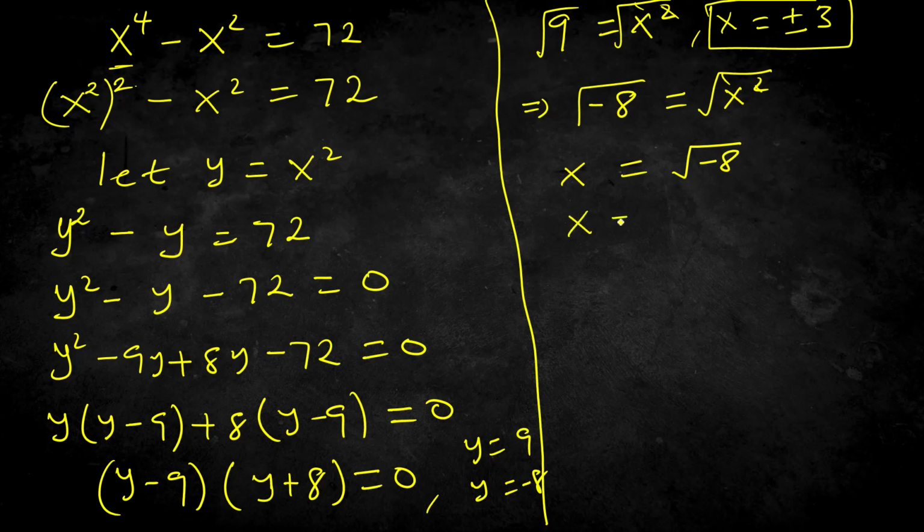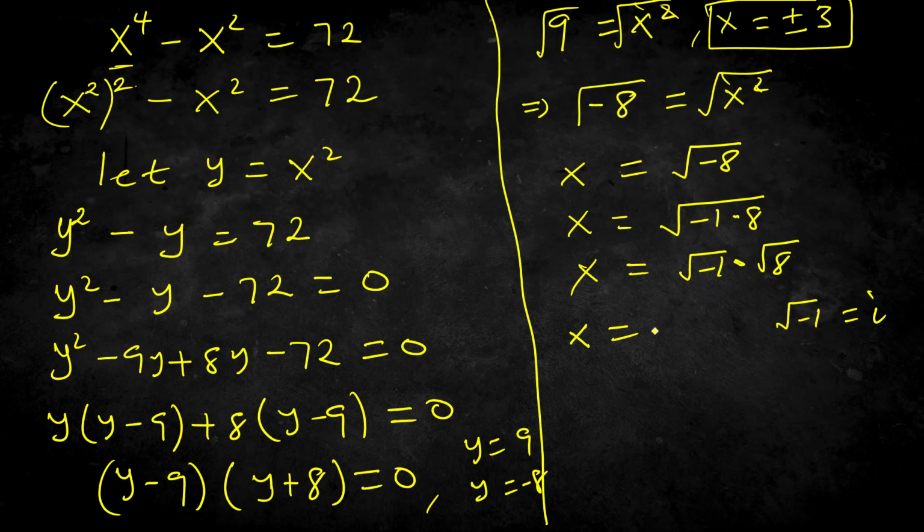So the same as minus 1 times 8, so square root of minus 1 times root 8. Square root of minus 1 is the same as i. So my x will be root 8 i. Okay, so that's the second answer.